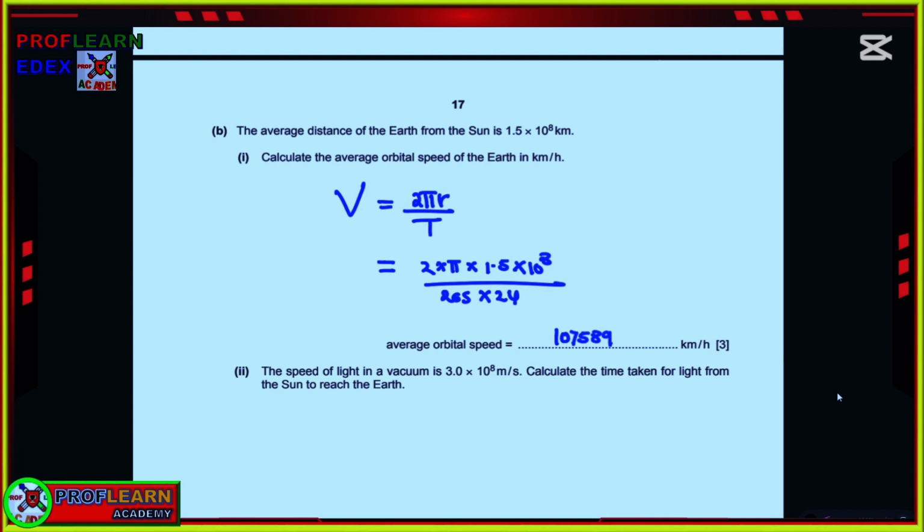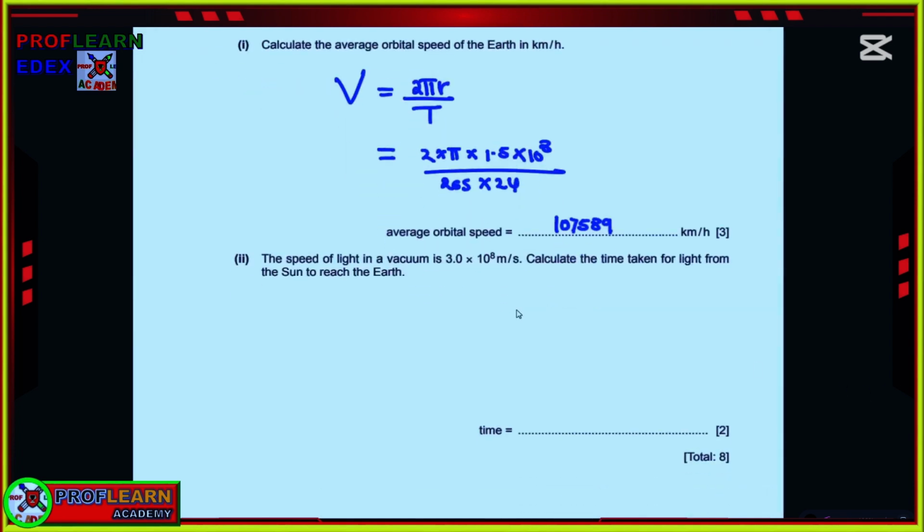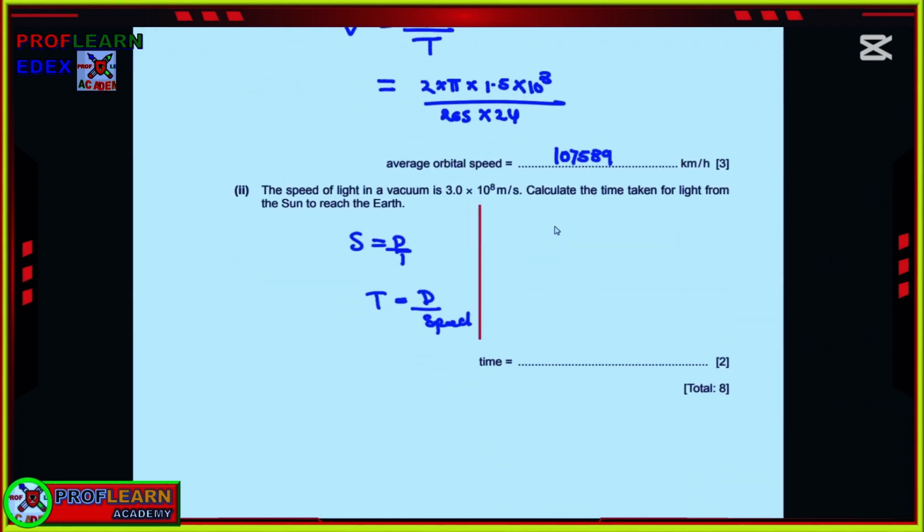Speed of light in a vacuum is 3 times 10 raised to the power 8. Calculate the time taken for light from the sun to reach the earth. So we need to use the distance divided by speed formula, and that will give us the time. If you substitute everything that we have, the distance from the sun to the earth is basically given here.